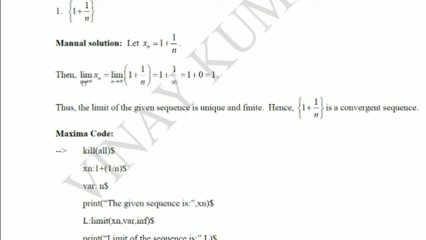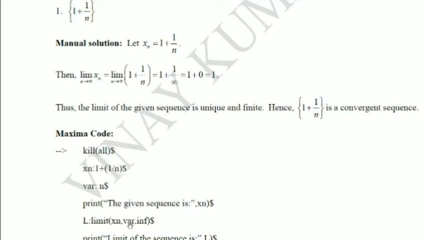Now, after this, we want to find the limit of the nth term as n tends to infinity. So, I'll assign that as L. L is assigned with limit of the nth term xn for variable going to infinity, that is inf.